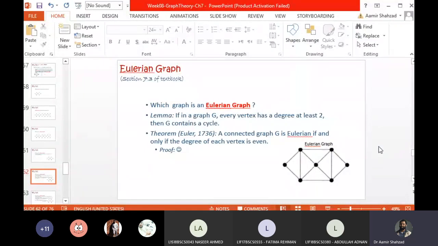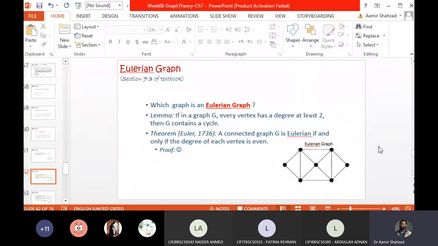It's a theorem by Euler. A connected graph G is Eulerian if and only if the degree of each vertex is even. What we discussed a little while ago, that the number of bridges connected to any node should be even, not odd. If odd, we will get stuck at a certain node, certain area.